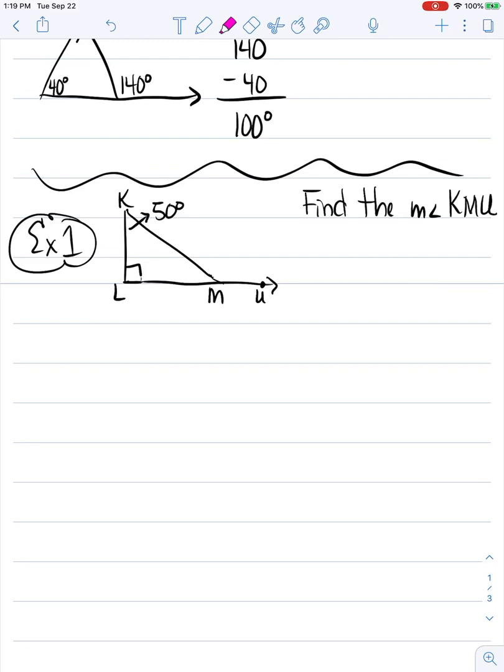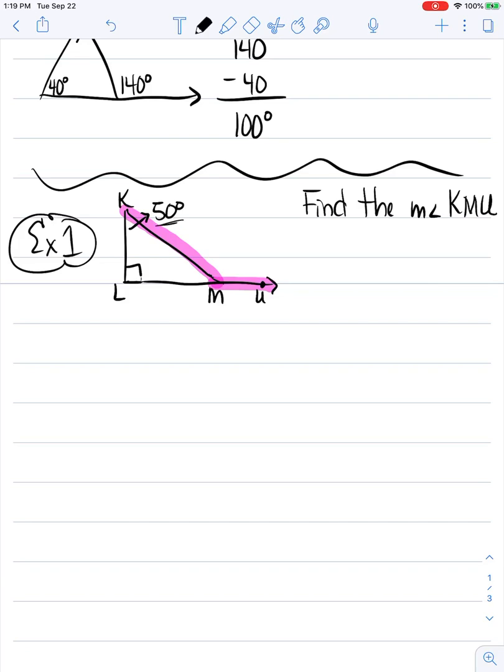The first thing I'm going to do is find what it is they're asking me to answer. They want me to find the measure of KMU. Let's think about this relationship. That's an outside or an exterior angle. Do they give us the two inside angles? Yeah, they do.